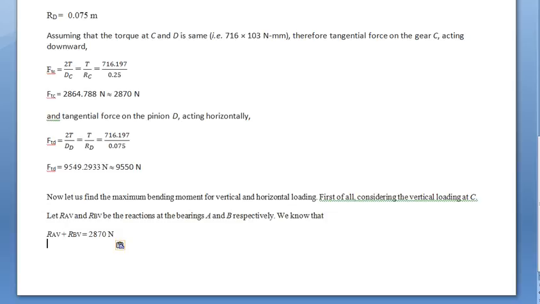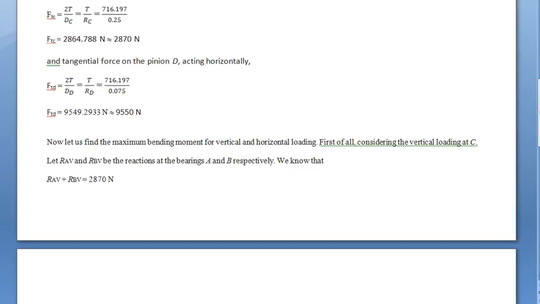Now let us find the maximum bending moment for vertical and horizontal loading. First of all, considering the vertical loading at C, let RAV and RBV be the reactions at the bearings A and B respectively. We know that RAV plus RBV equals 2870 Newton, as we can see in the space diagram also.